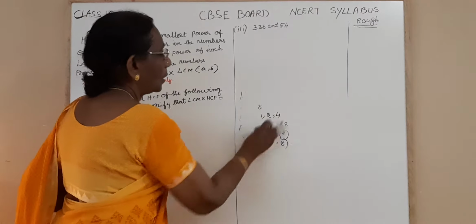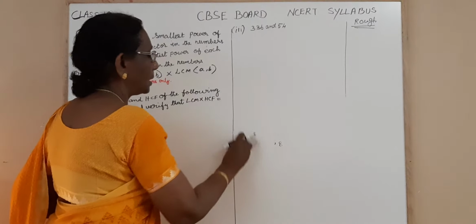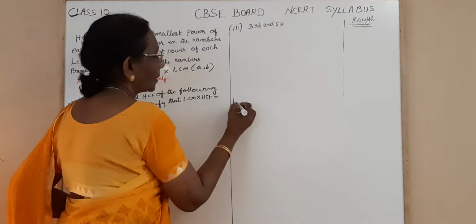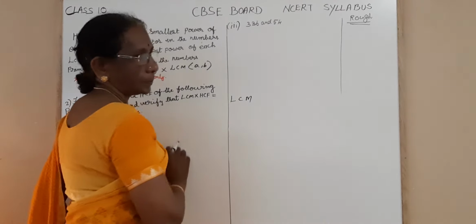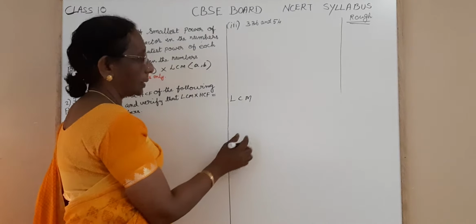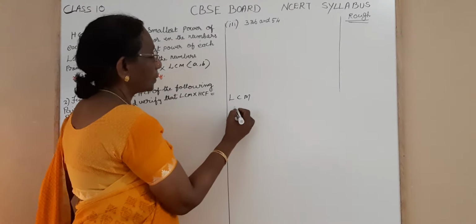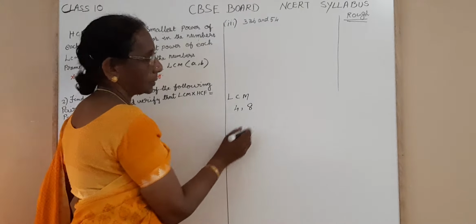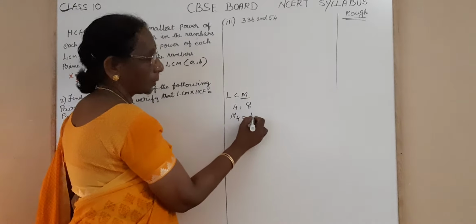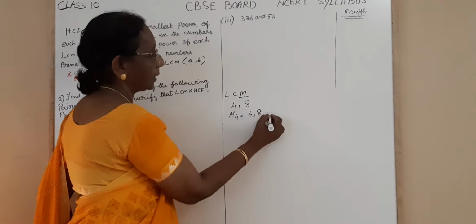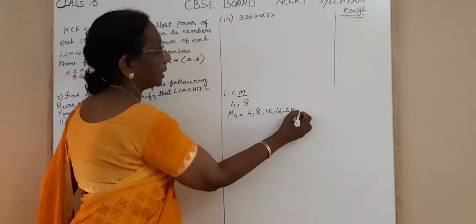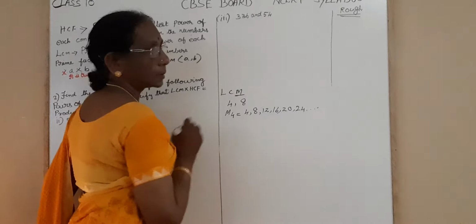In the same way, what is the meaning of LCM? Least common multiple. How do we find the least common multiple? Let us take the same two numbers, 4 and 8. First, the multiples of 4: 4 ones are 4, 4 twos are 8, 4 threes are 12, 4 fours are 16, 20, 24, and it goes on like this.